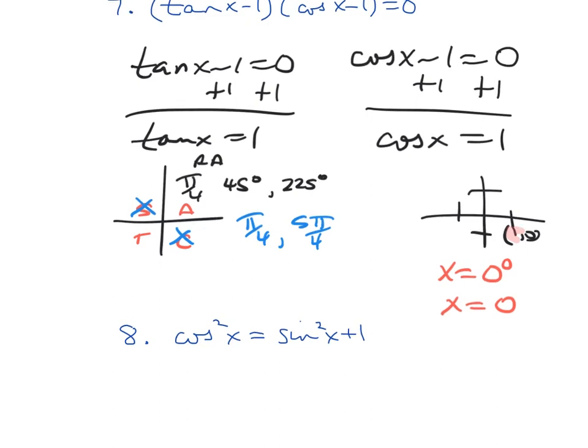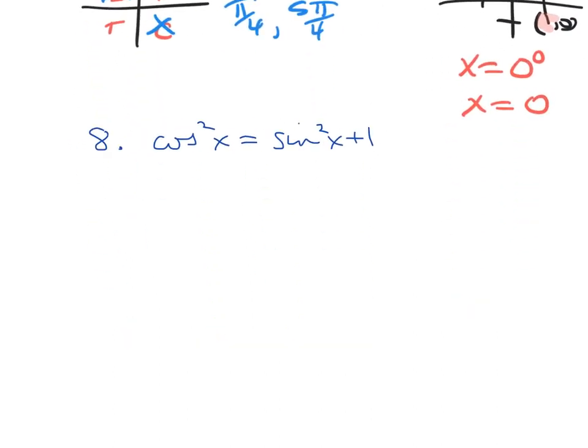Do number 8. This one I'm going to use a Pythagorean identity. So I'm going to use this identity, sine squared x plus cosine squared x equals 1. Subtract the cosine squared.